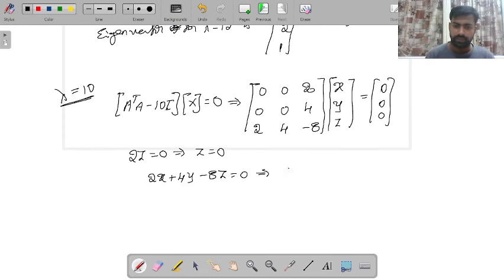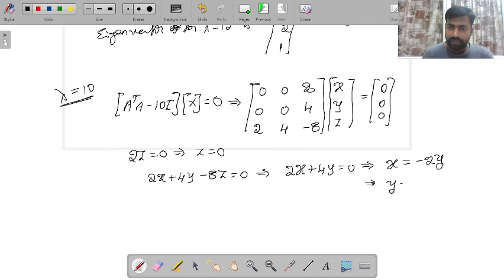When z is 0, you have 2x plus 4y equal to 0. Now this implies x equal to negative 2y.